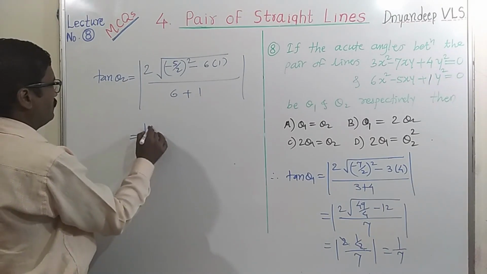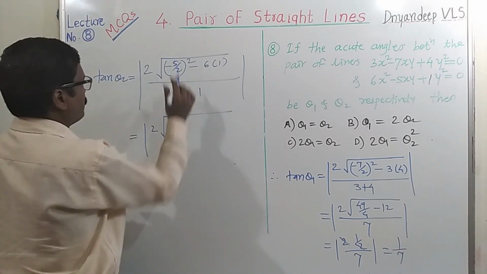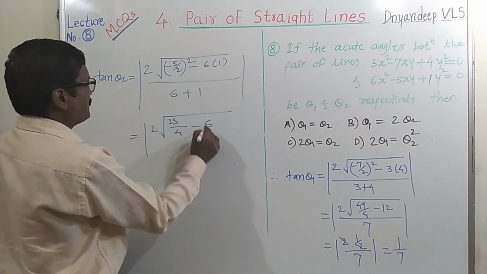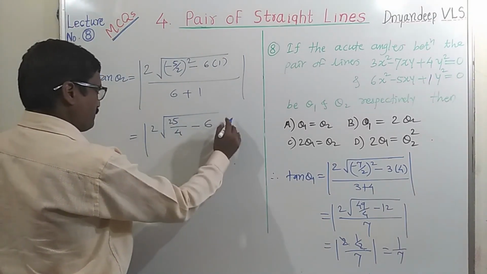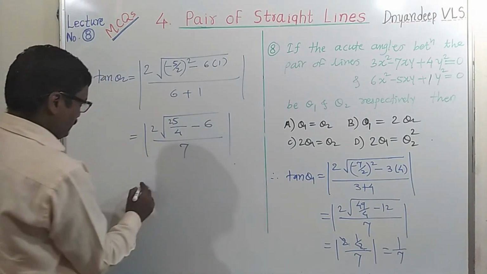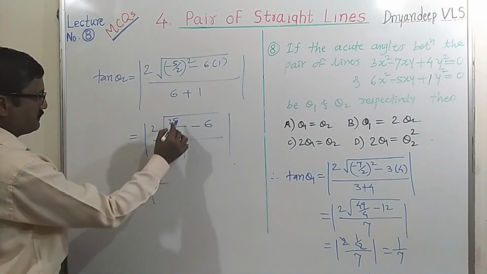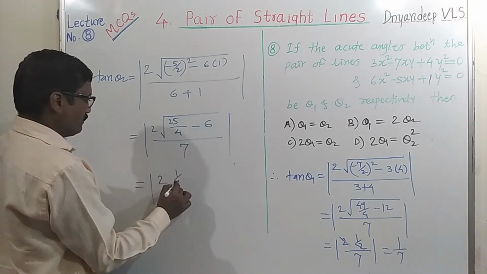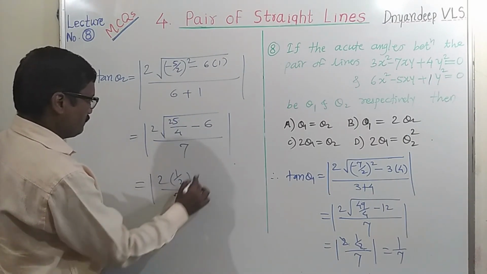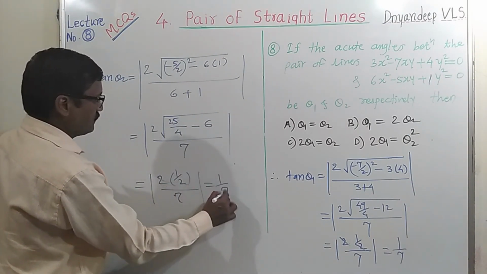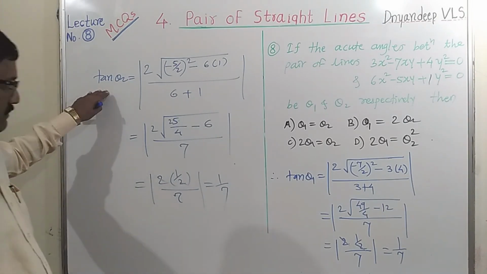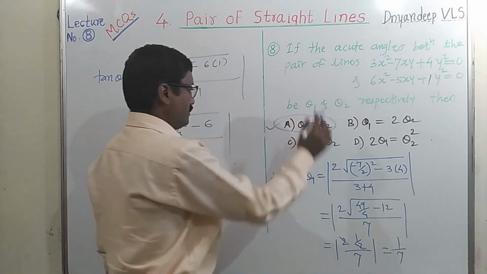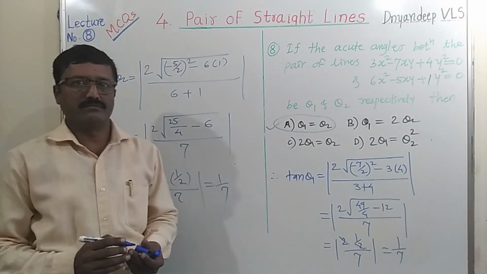So it is equal to mod of 2 root 25 by 4 minus 6, divided by 7. So it is equal to mod of 2 into, once again this is 25 minus 24, that is 1 by 4. So root 1 by 4 is again half upon 7, 2 gets cancelled, it is equal to 1 by 7. As both tan theta 1 and tan theta 2 have the same values, theta 1 is equal to theta 2. So option A is the correct one.